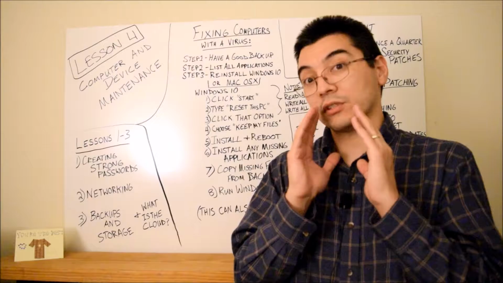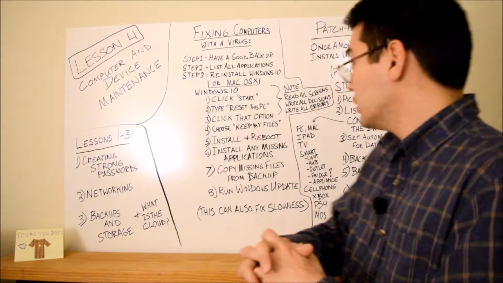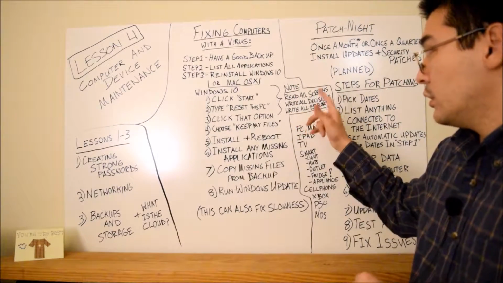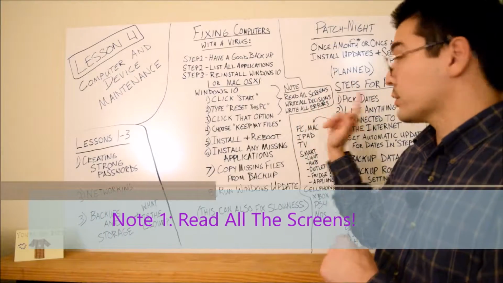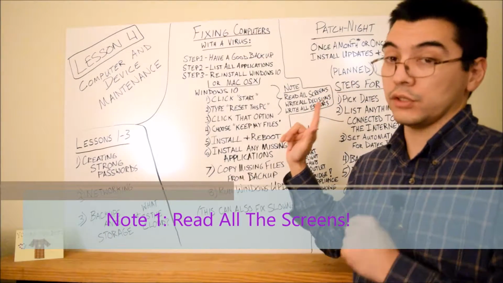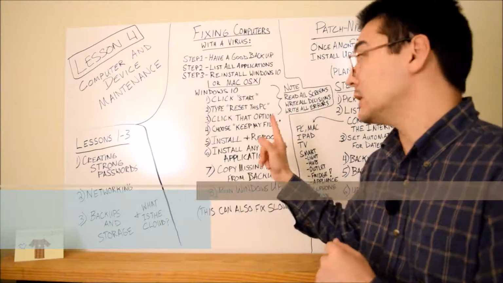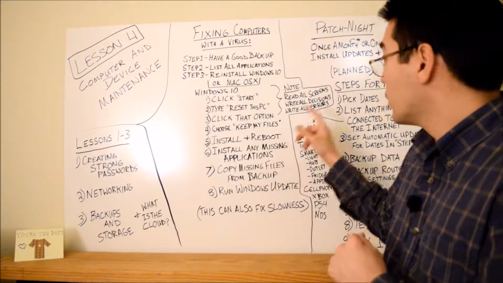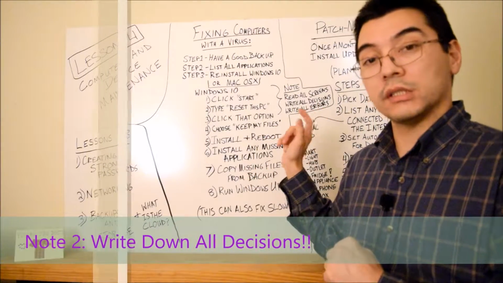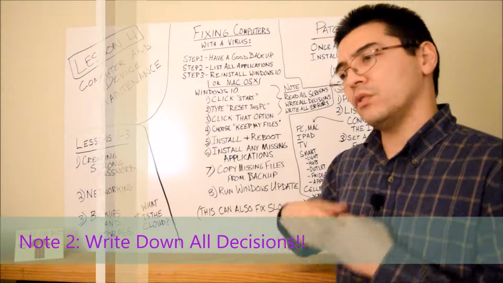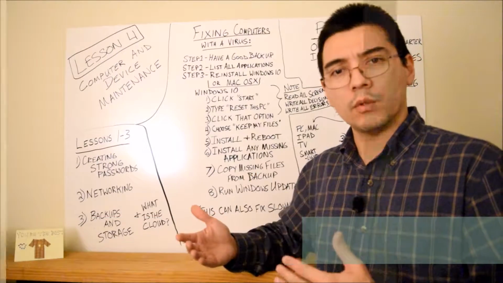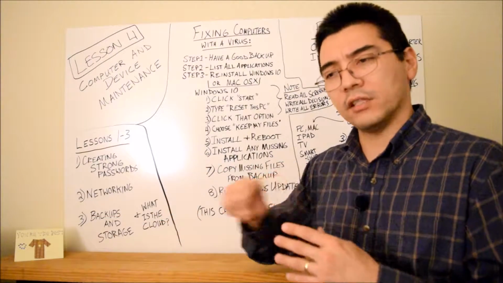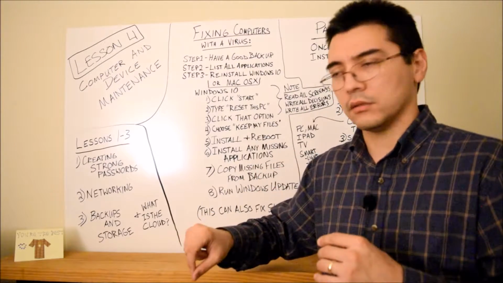Now, this is where you have to start paying really close attention. So I put a little note here. Note, read all the screens, okay? Because you will delete everything and that would be bad. Read all the screens, write down all the decisions that you make. That way, if you do have to take your computer to someone and tell them what you did, you'll have a log of what you actually did, okay?